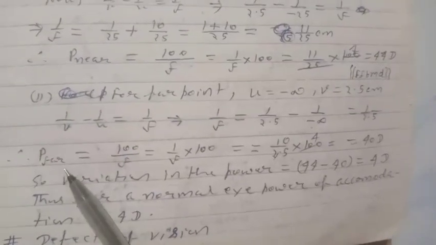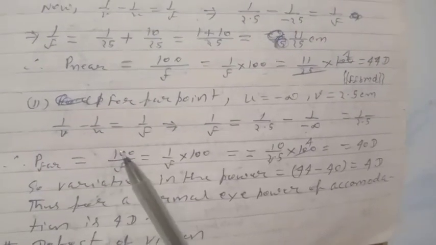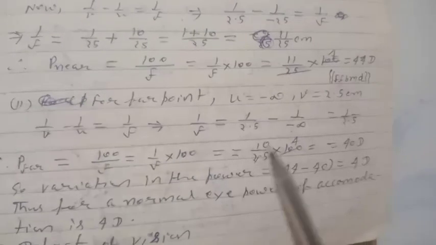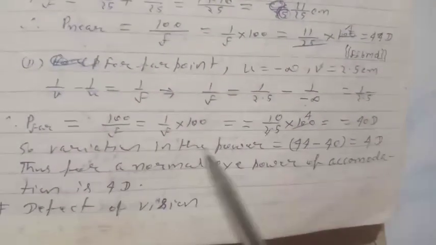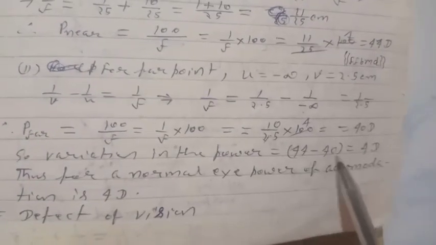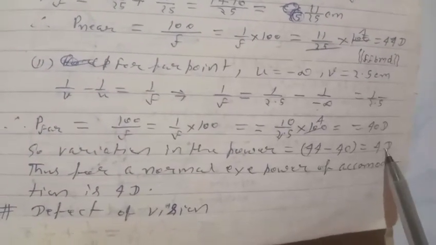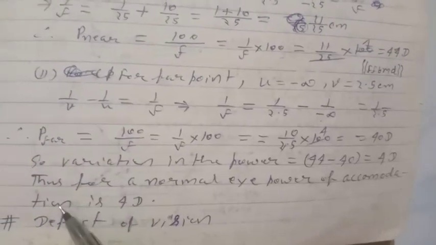Hence P far equals 100/f, which is 10/25 into 100, equal to 40 D. Because power is measured in diopter, the variation in the power is 44 minus 40 equals 4 D. Thus for a normal eye, power of accommodation is 4 D.